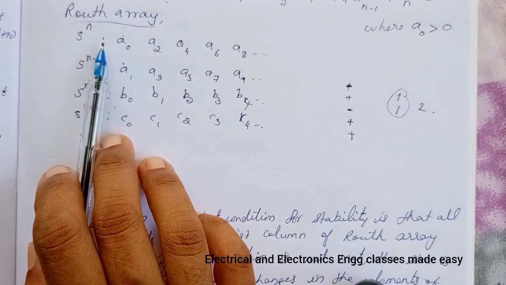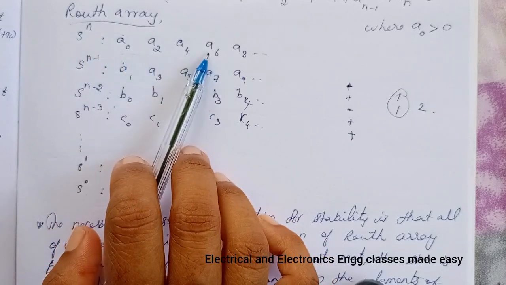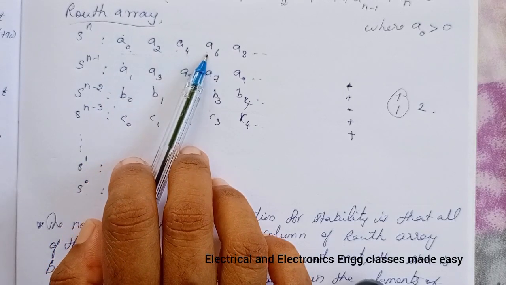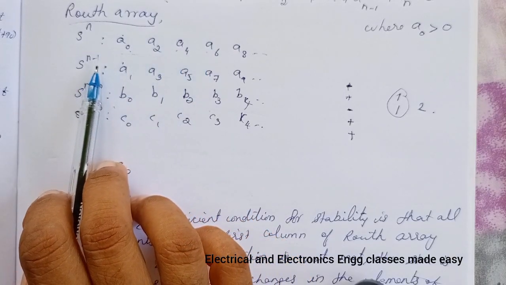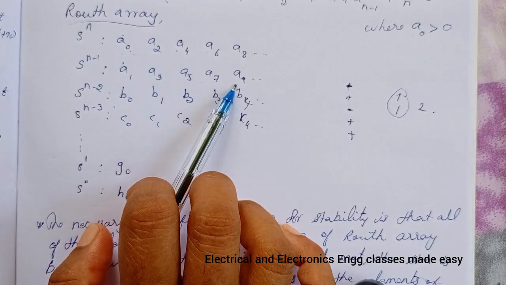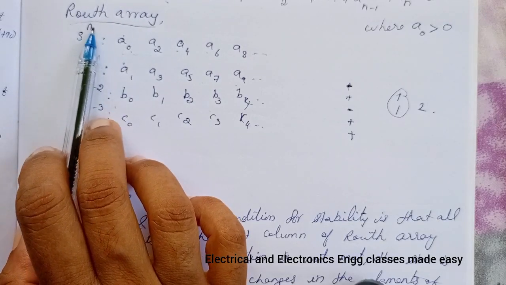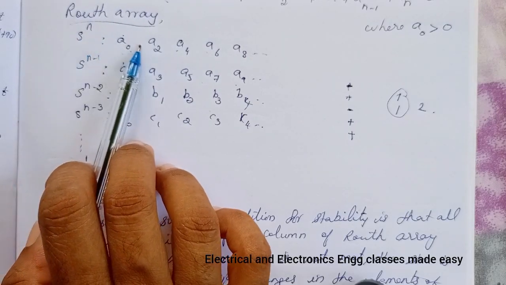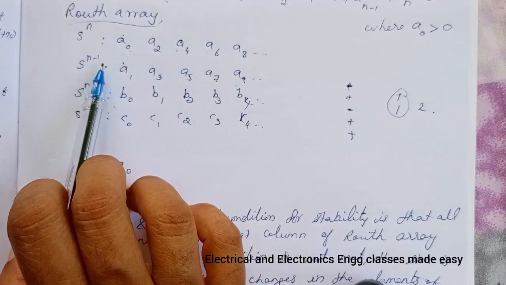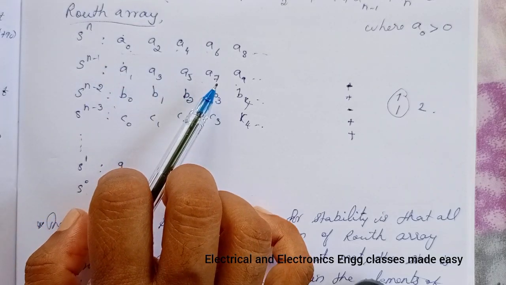And here, if n is even, then the s raised to n row is formed by coefficients of even order terms, and the s raised to n minus 1 row is formed by coefficients of odd order terms. Also, if n is odd, then s raised to n is formed by the coefficients of odd order terms, and the s raised to n minus 1 row is formed by coefficients of even order terms.